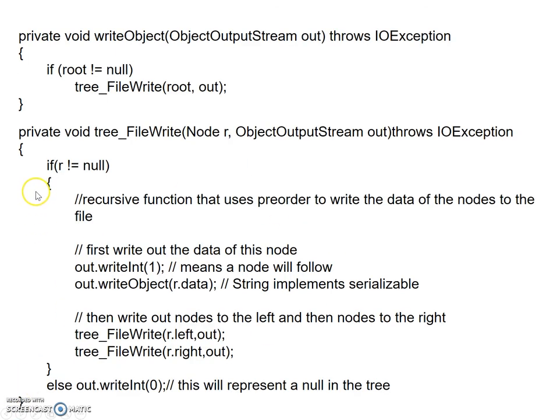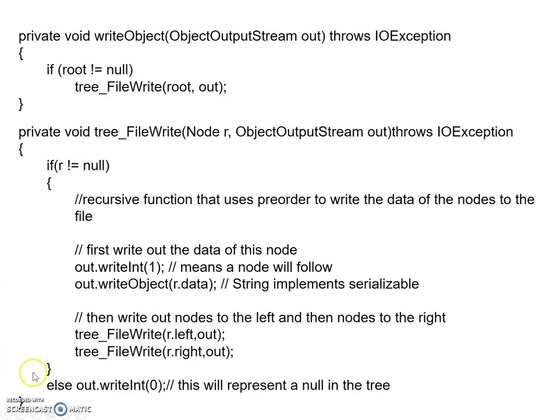Going in the opposite direction, taking that tree and converting it into a string. So this is my writeObject here. As long as the root is not equal to null, I'm going to go ahead and start writing with the root and passing that to my output string. So if r is not equal to null, then I'm going to be writing in a 1 and then placing in the data for that particular object.